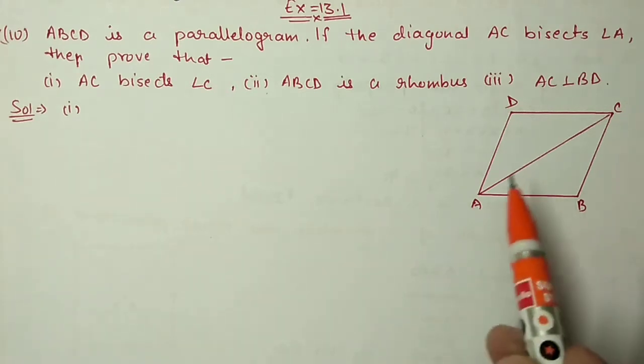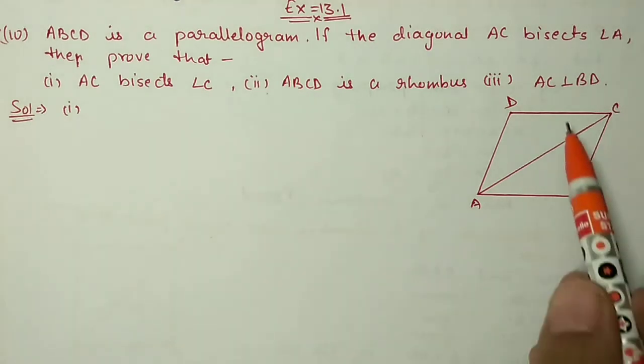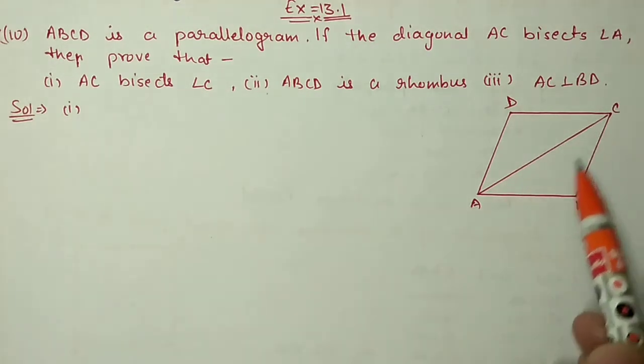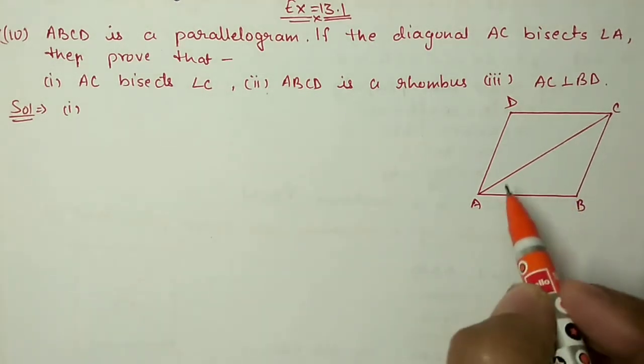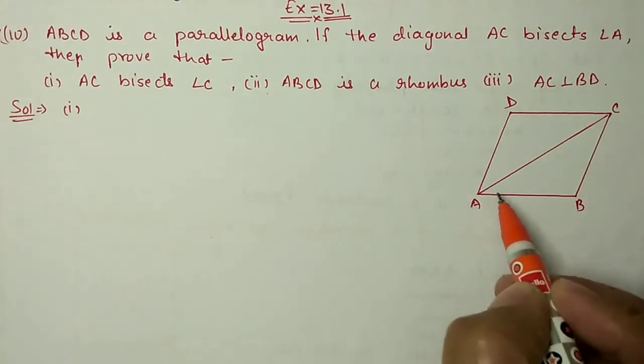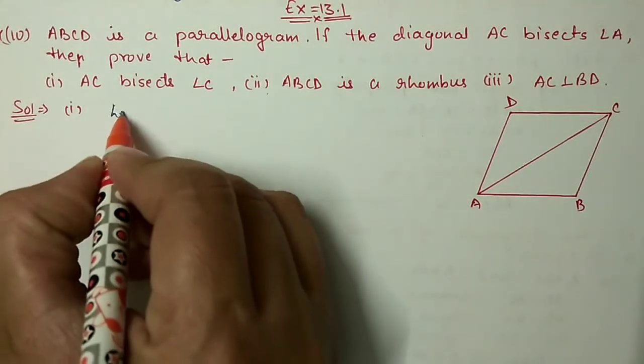So here ABCD, one parallelogram is given, it means opposite sides are equal and opposite angles are equal. So first we will take, let this angle A is 2x.